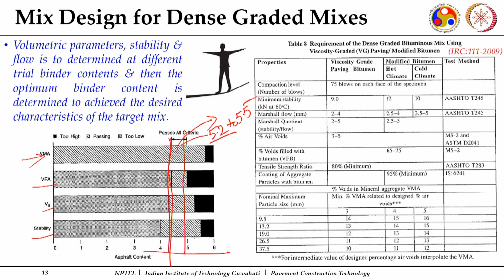In addition, the current guidelines and recommendations state to go for a binder content which gives you 4% air void content. See whether it meets the other requirements. If it does, that can be considered as your optimum binder content.